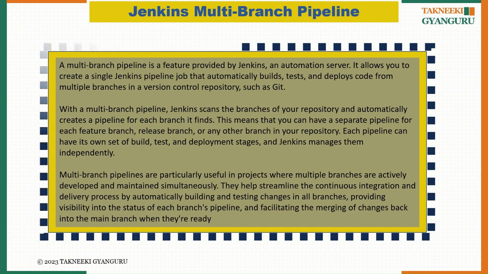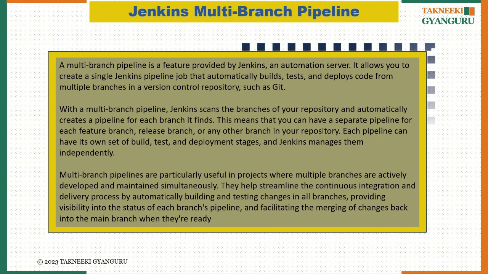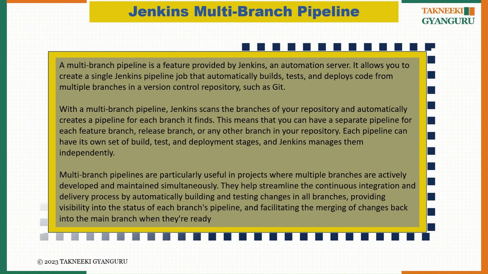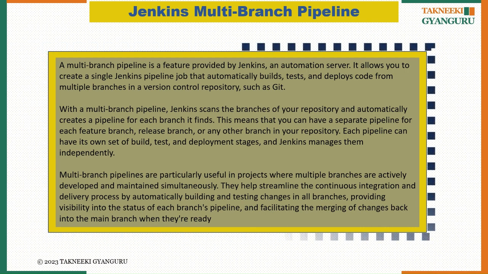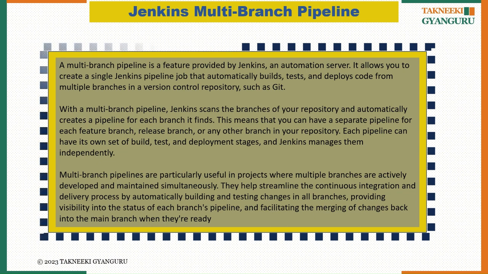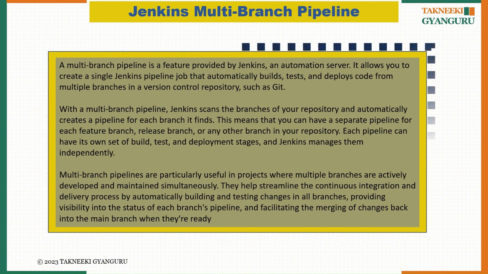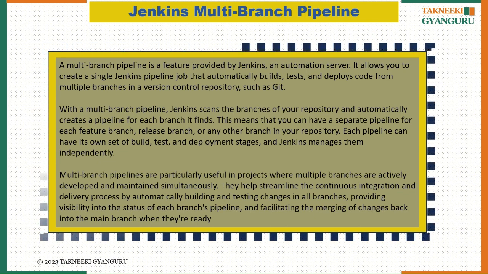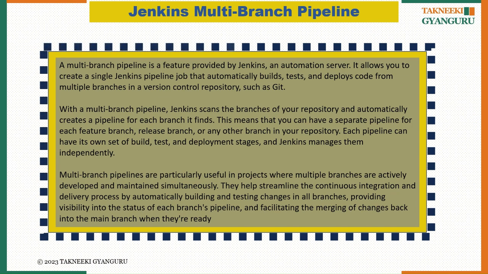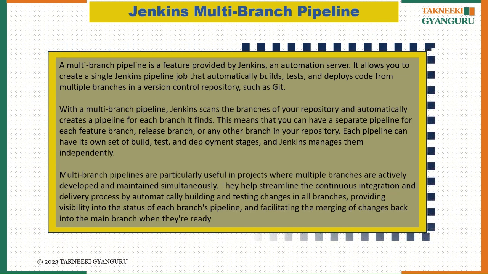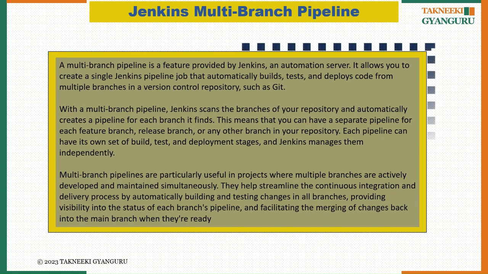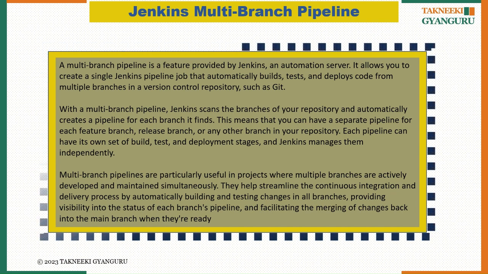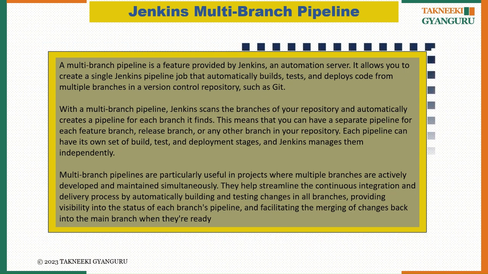So what we understood is, in multi-branch pipeline, if we have multiple branches in a GitHub repository, then when we create a multi-branch pipeline, it will create a separate pipeline for each branch so that it runs the pipelines in isolation, right?